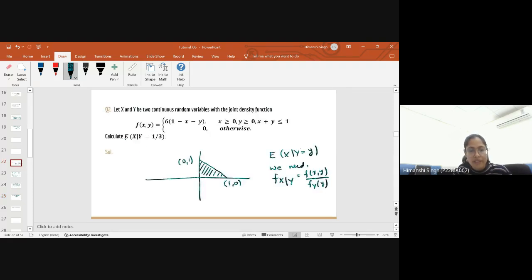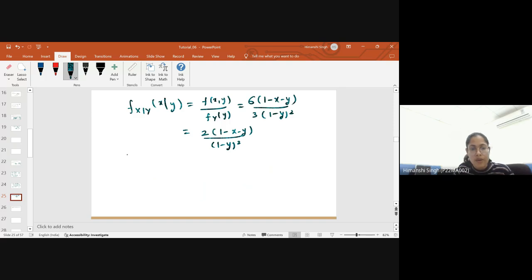So we need to find the expected value of x given y is equal to 3. First of all, f of x given y is equal to 3 will be twice of 1 minus x minus y over 1 minus y whole square.